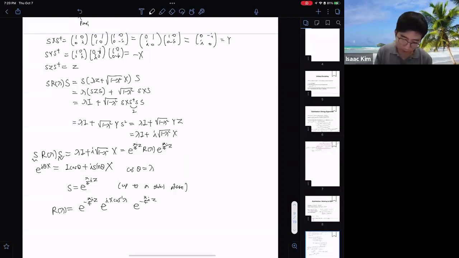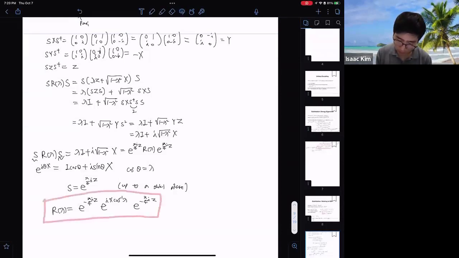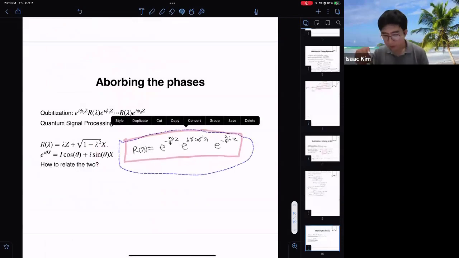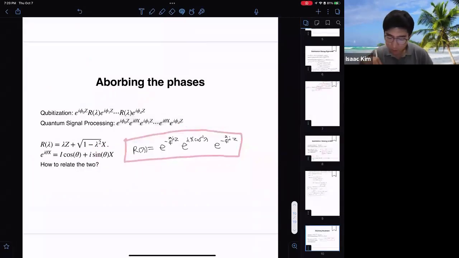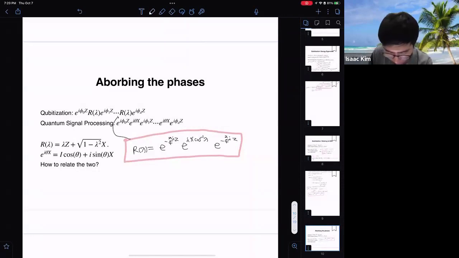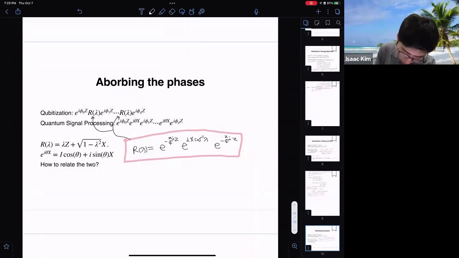Because if we copy and paste this thing, and go to the next page, and put these side by side, we realize that if we plug in this formula here and here, you simply have terms like this.